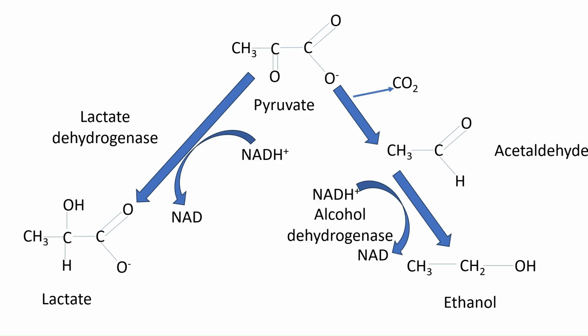But NAD is required for further glycolysis. So, to regenerate NAD, the hydrogen atoms are transferred to pyruvate itself to yield either lactate or ethanol. This way, cell can keep regenerating NAD even in the absence of oxygen.